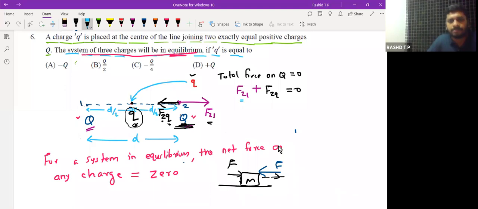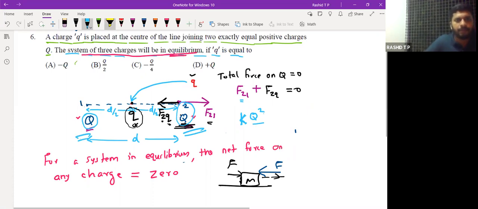And F21, the force between this charge and this charge, is 1/4 pi epsilon 0. Actually, instead of writing 1/4 pi epsilon 0, let me write k, because all the charges are in the same medium. K means 1/4 pi epsilon 0. Charge 2 is Q, charge 1 is also Q, therefore q1 q2 is Q square, over the distance between charge 2 and 1, d square.